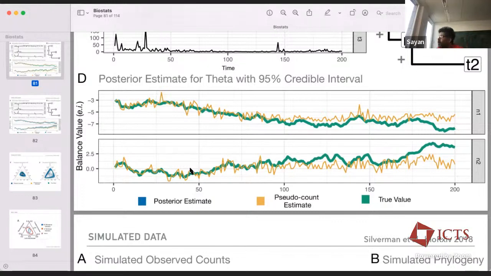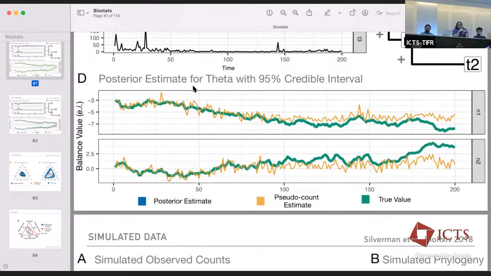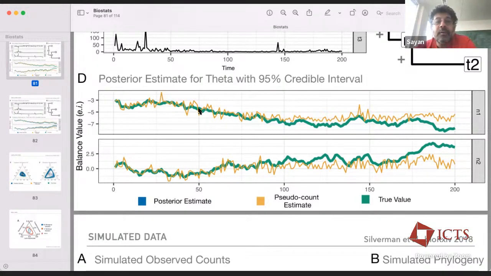When you're doing Kalman filtering, or you're doing some hidden Markov model, you're basically doing some smoothing, right? When you're doing filtering, you're doing smoothing. So the orange values are kind of your raw data.